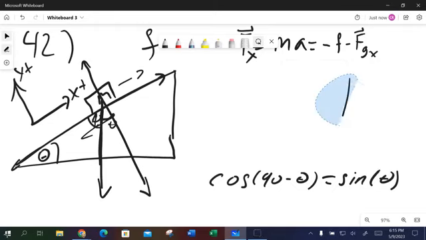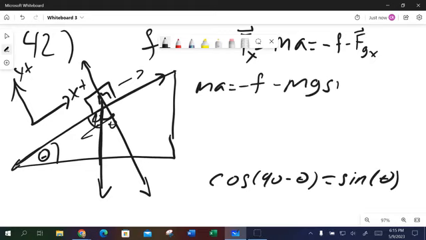So our answer is going to be ma equals negative F minus mg sine theta. This is because of what is called in geometry the vertical angle theorem.